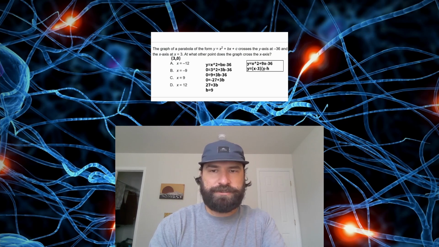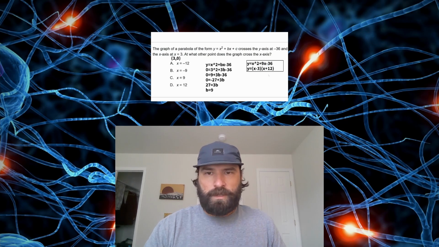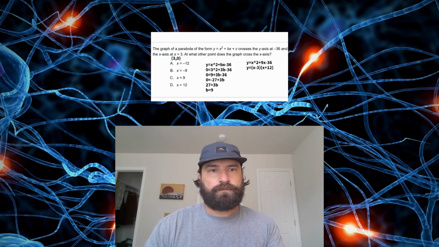We can call that h. So in order for these two factors to multiply out to this, this number times this number has to equal negative 36. So what we have to put here is positive 12. But since we know that the factors are the opposite of whatever this sign is, our value is actually negative 12, and our answer is A.